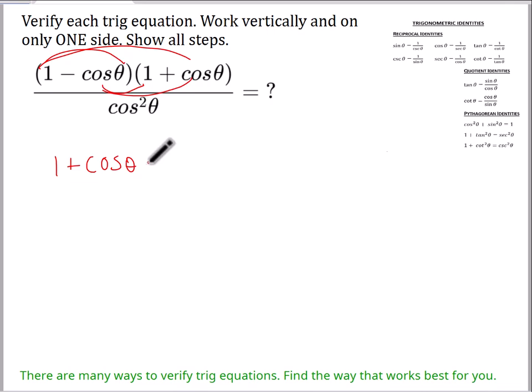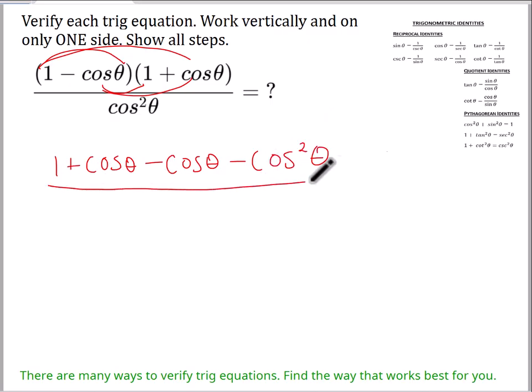Negative cosine times 1 subtracts cosine. And then negative cosine times positive cosine gives you negative cosine squared of theta. So it's not 2 cosine, it's cosine times cosine, or x times x, and that gives me x squared, or cosine squared, all over cosine squared of theta.